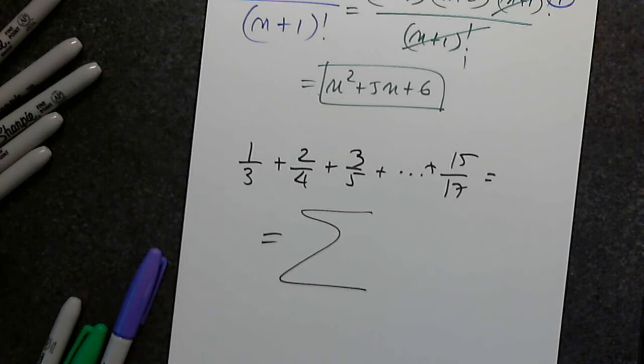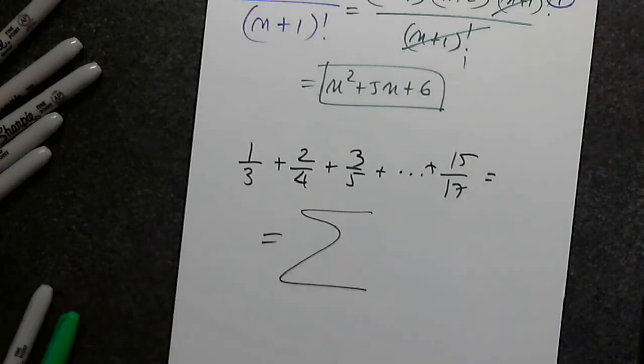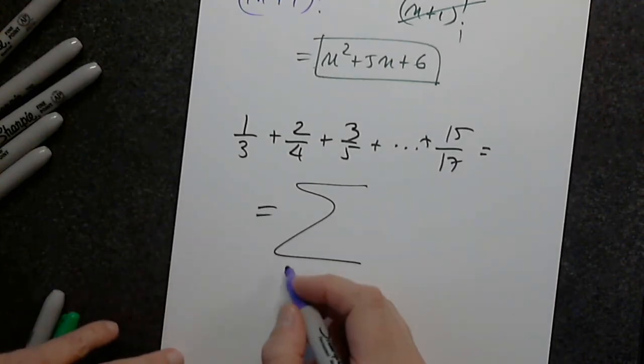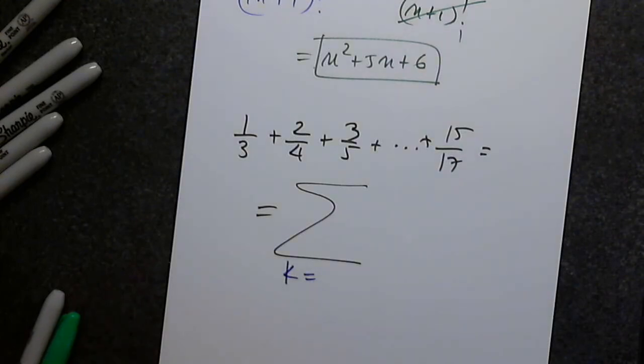And then please don't let me forget another condensing and expanding. Okay? So let's see which index you would like to use. Okay, I'm using K. You can use any index, any letter you want.